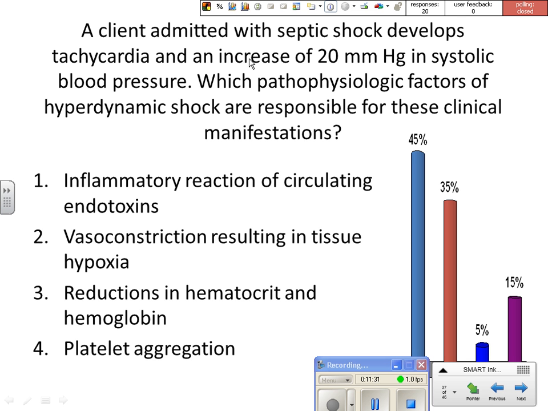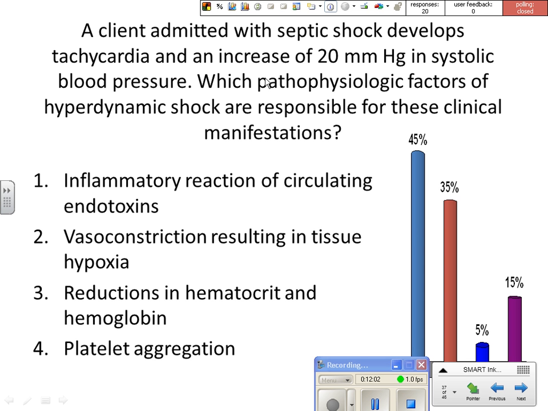So we've got an increase in systolic blood pressure. In that hyperdynamic phase of septic shock that we talked about, we're going to have the tachycardia and the bounding pulses, because the first inflammatory reaction is going to be some vasodilation and heat, the bounding pulses, the warm, moist skin, as the body is trying to counteract the effects of that bacteria that's causing their inflammatory process.